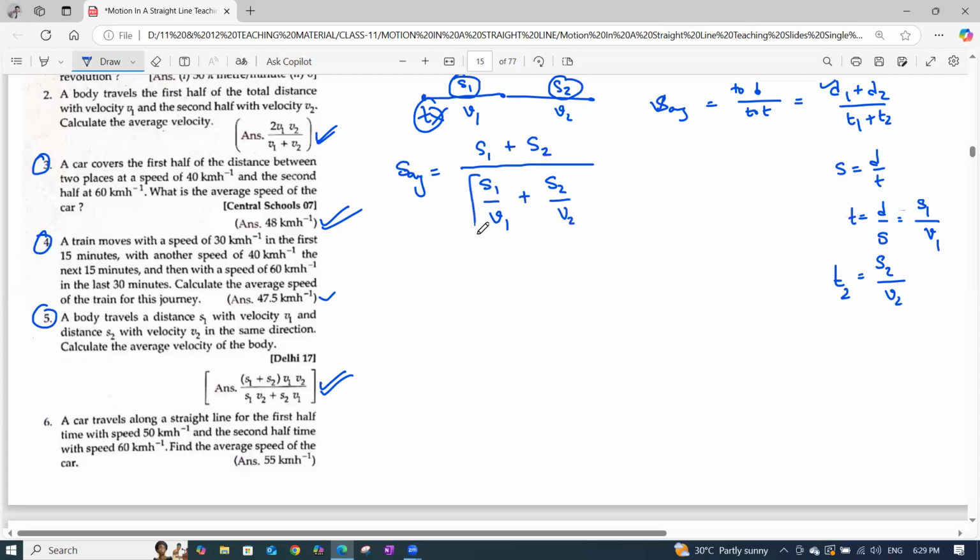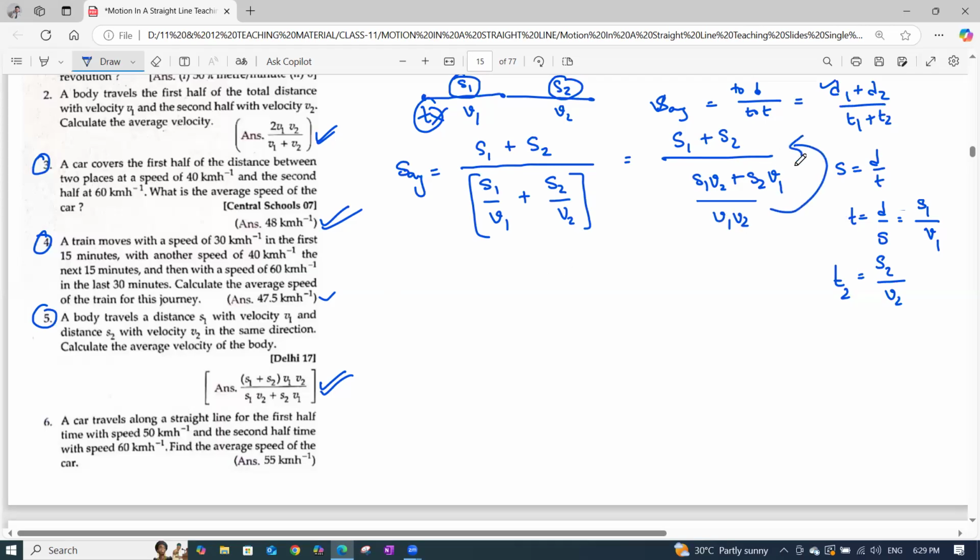Now we have to solve this denominator. If you solve, the numerator will be as usual S1 plus S2, upon, now the LCM for V1 and V2 is V1 V2. Now the numerator becomes S1 into V2 plus S2 into V1. Now you can take the reciprocal.